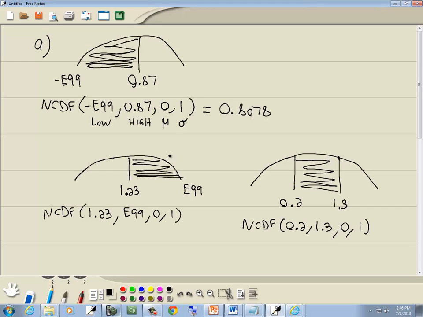Now, if you're wondering what this E99 and negative E99 is, let's look at E99. There's an implied 1 here. What that means is 1 times 10 to the 99th power. This is scientific notation. That means we're going to have 1, and then we're going to have 99 zeros. So 99 of these.